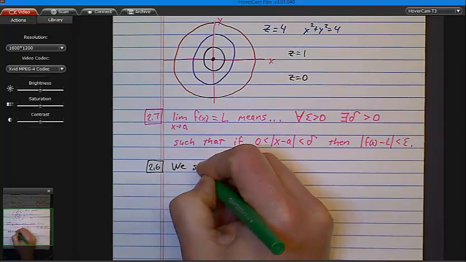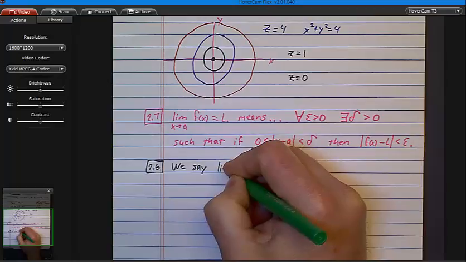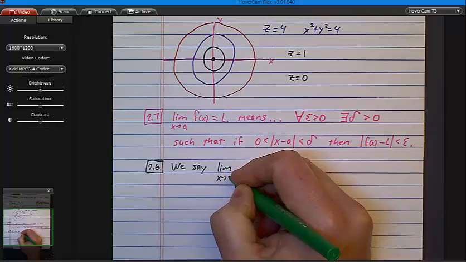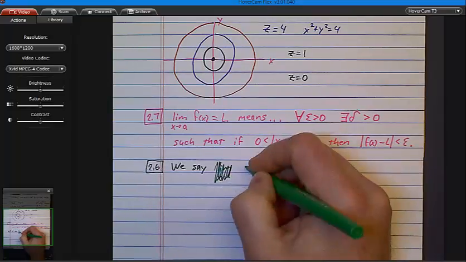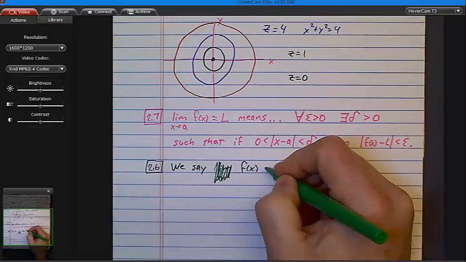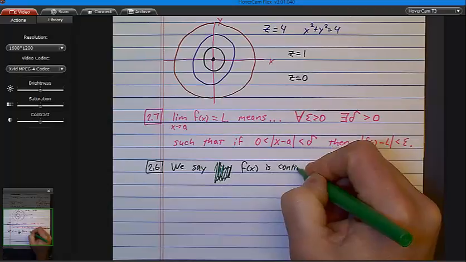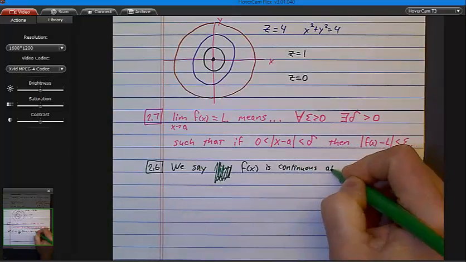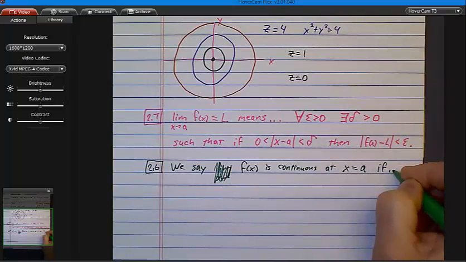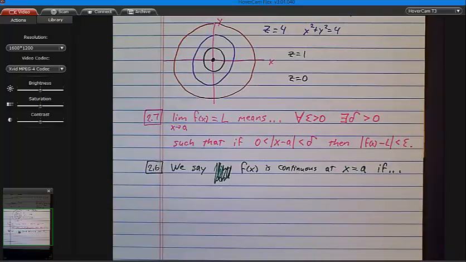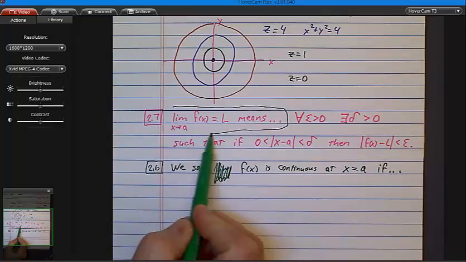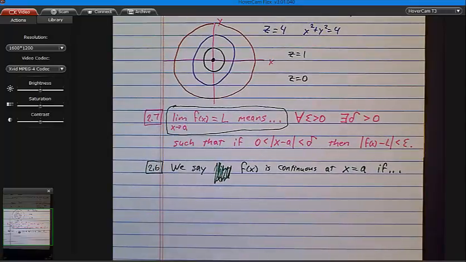We say a function f of x, this is Calc 1 again, right, is continuous at x equals a if... Okay, so it's funny, when I teach Calc 1, that little dot, dot, dot is a quiz question or a test question for my students.